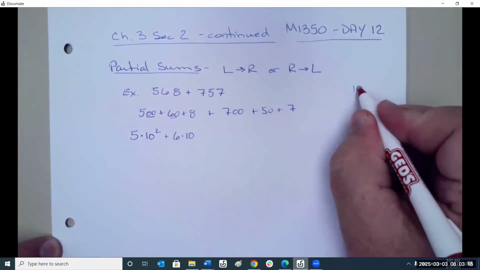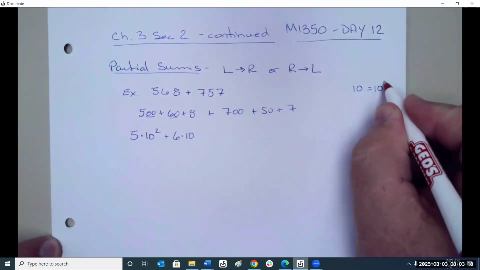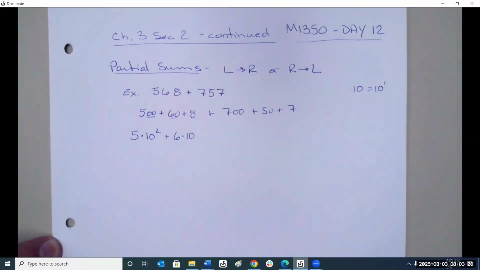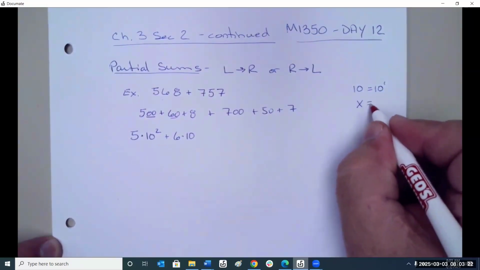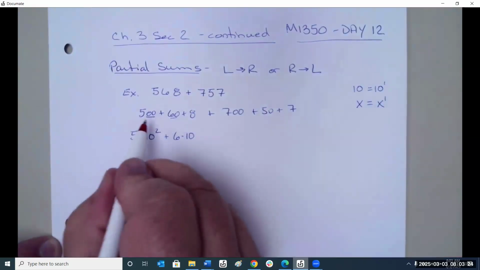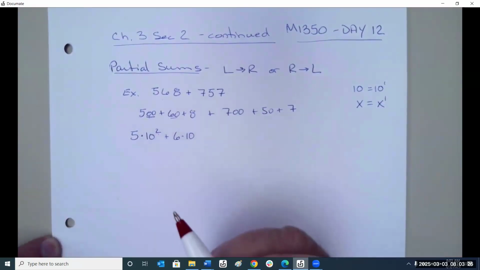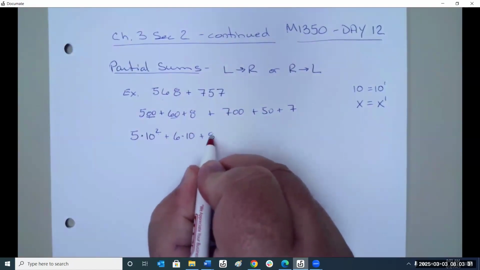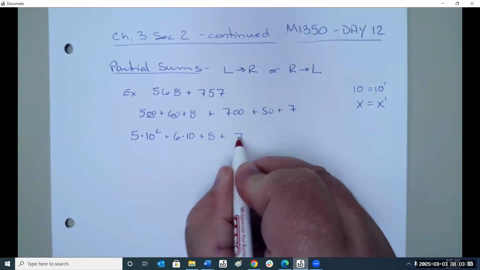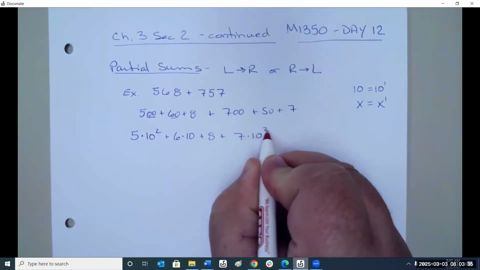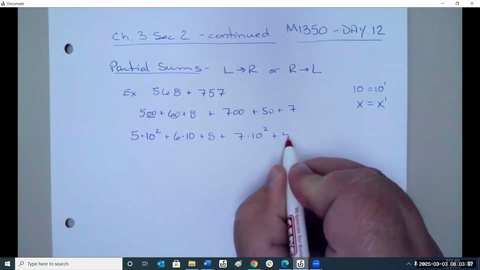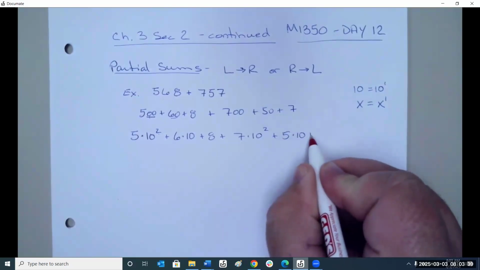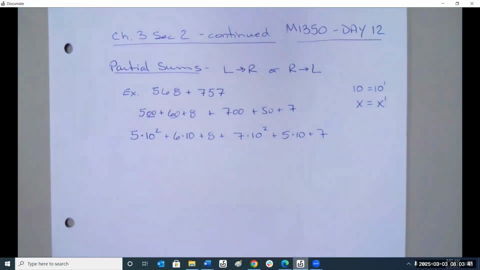Remember, the number by itself has an exponent of 1. That's why this one has 2 zeros, so I put a 2 on top of it. And then it's just 8. So this one is 7 times 10 to the second. 5 times 10 plus 7.